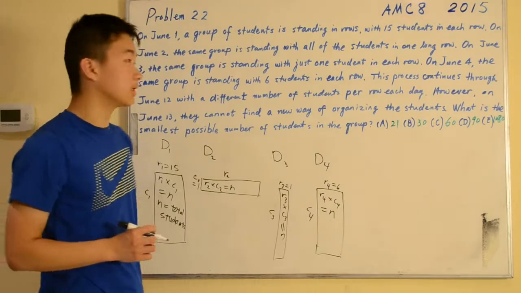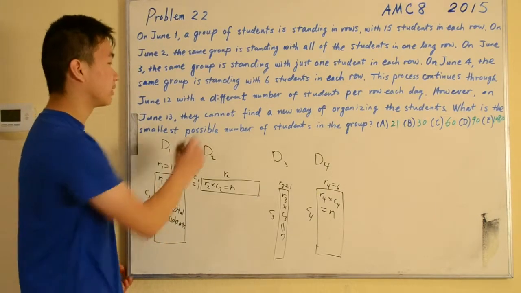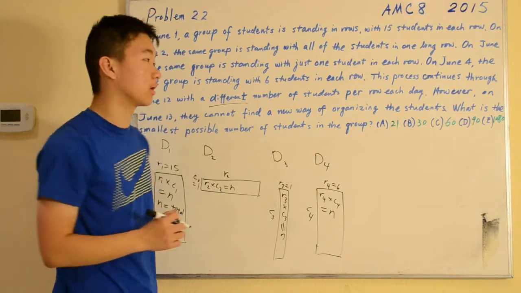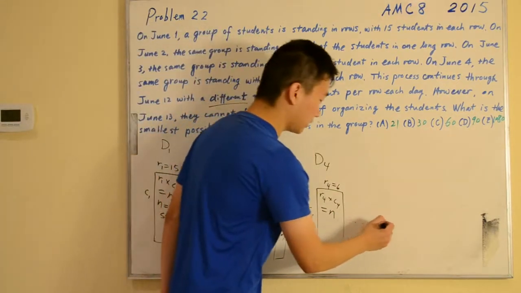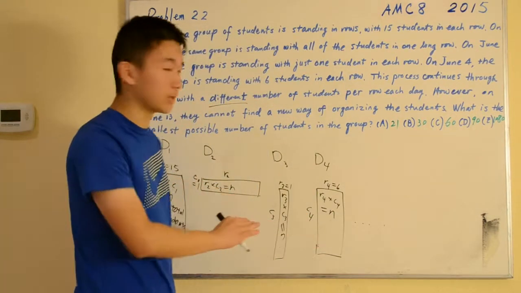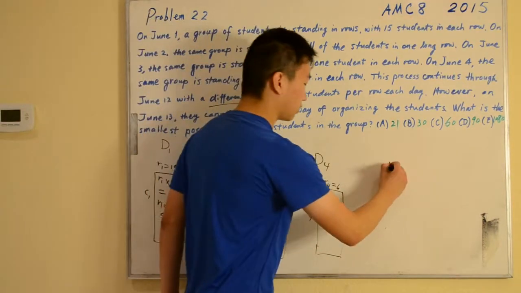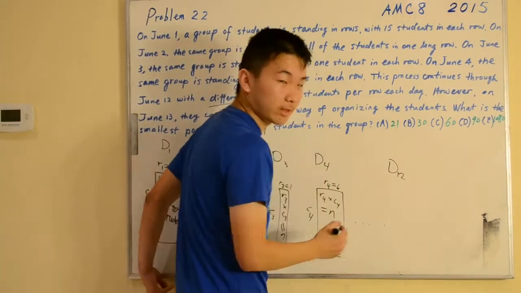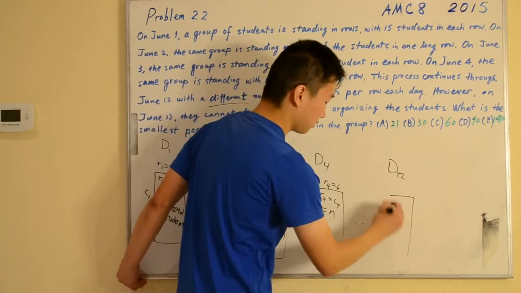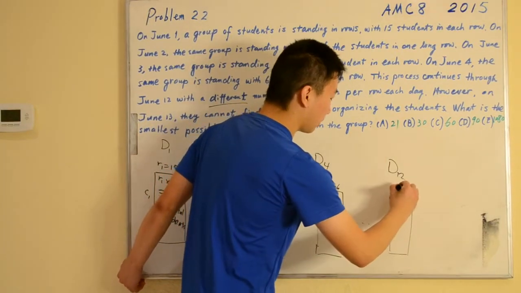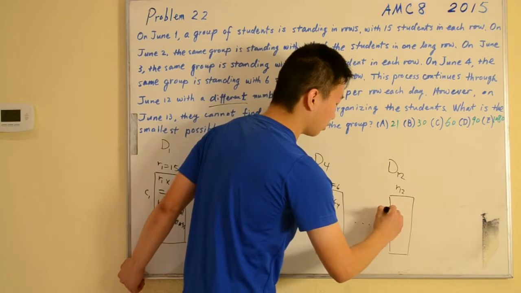And this process continues through June 12th with a different number of students per row on each day. So this pattern continues with no single formation being repeated until we get to day 12, where they create some formation with R12 and C12.